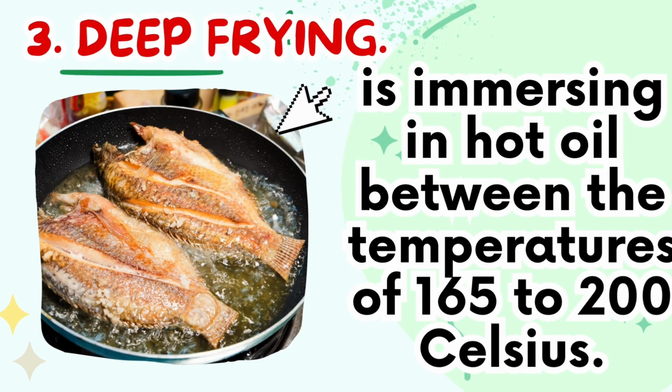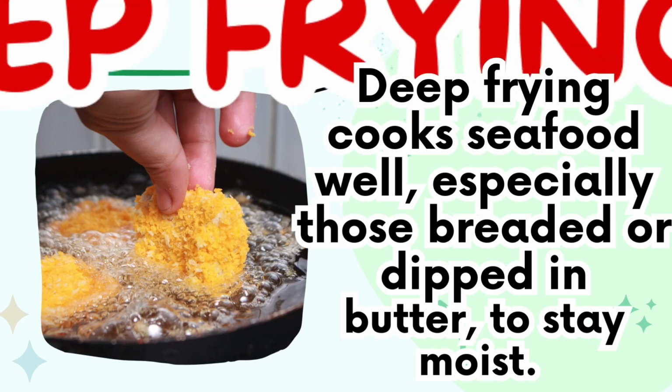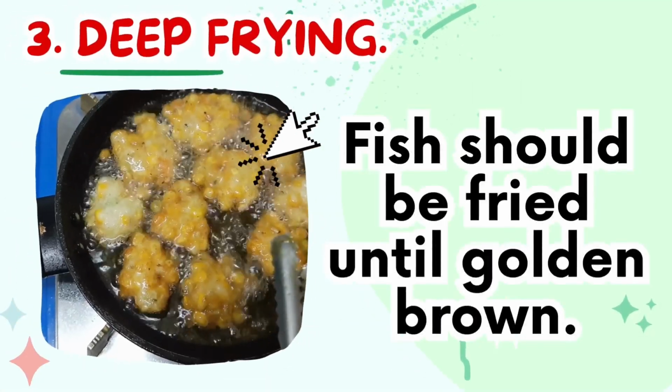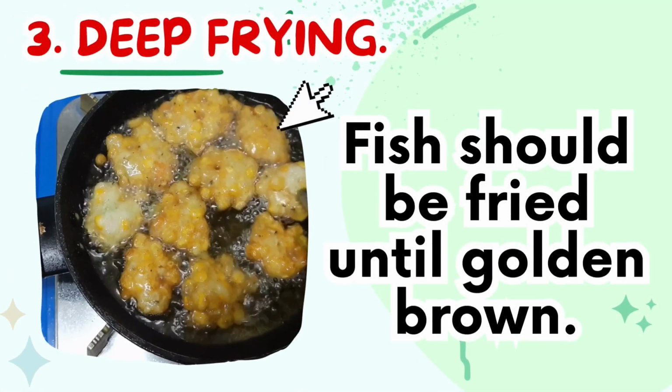Number 3. Deep frying is immersing in hot oil between the temperatures of 165 to 200 Celsius. Deep frying cooks seafood well, especially those breaded or dipped in batter to stay moist. Fish should be fried until golden brown.